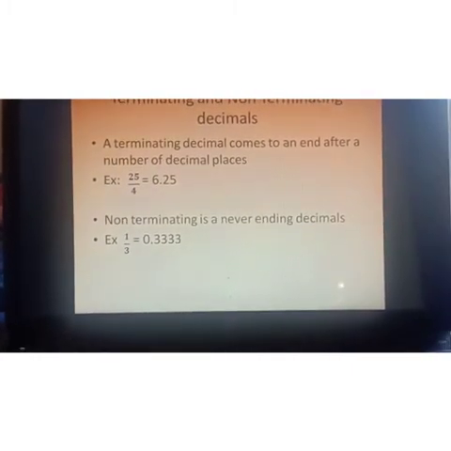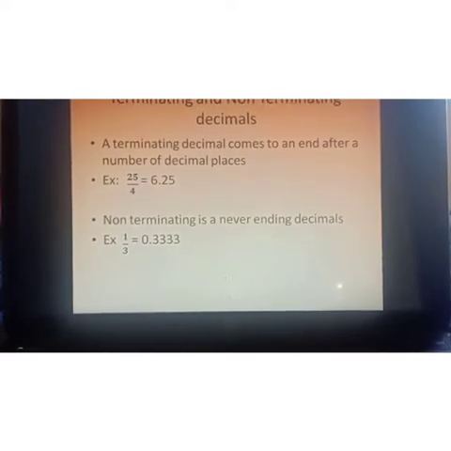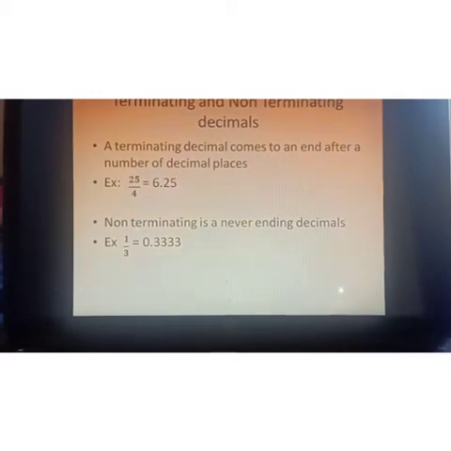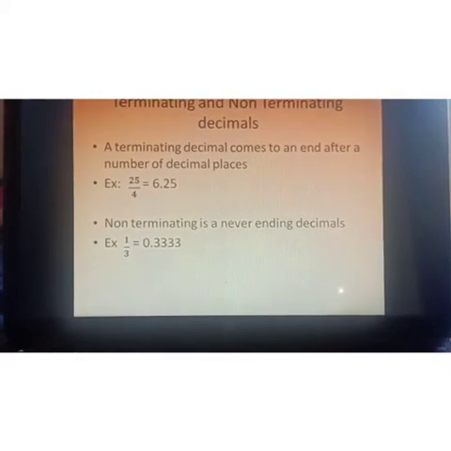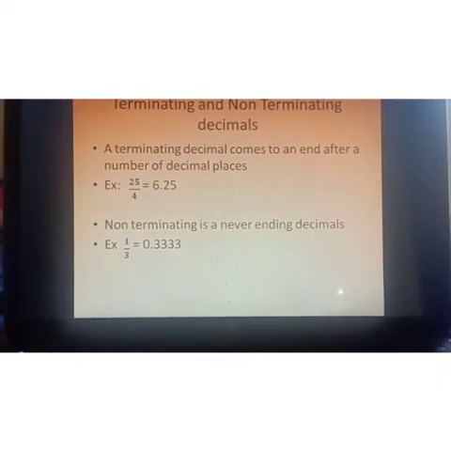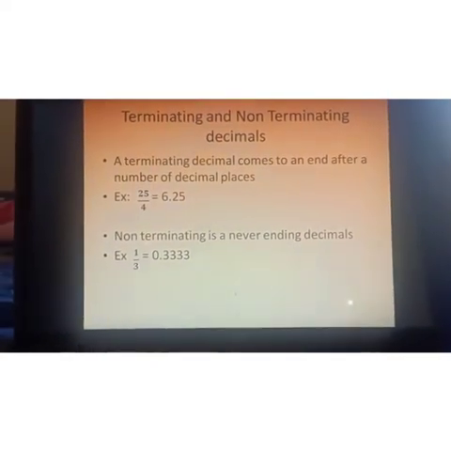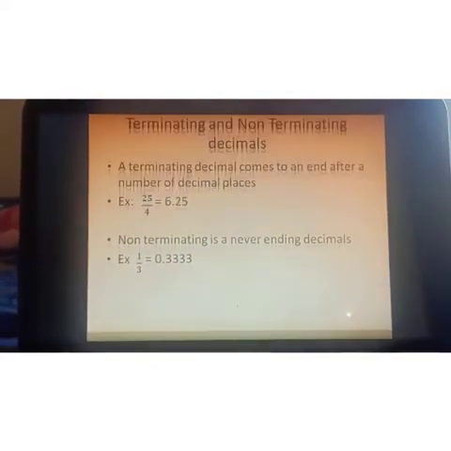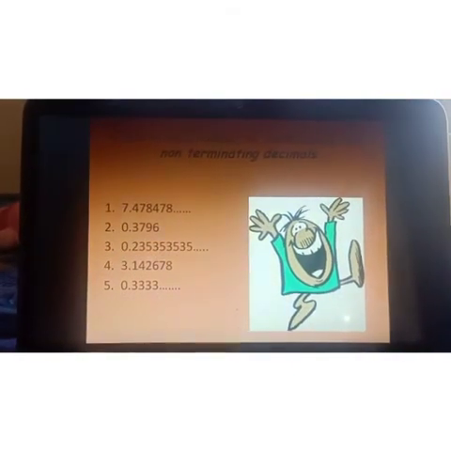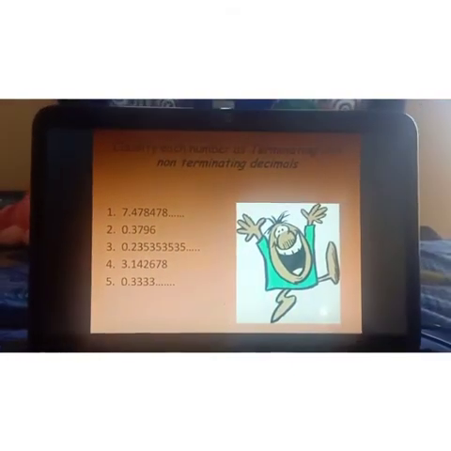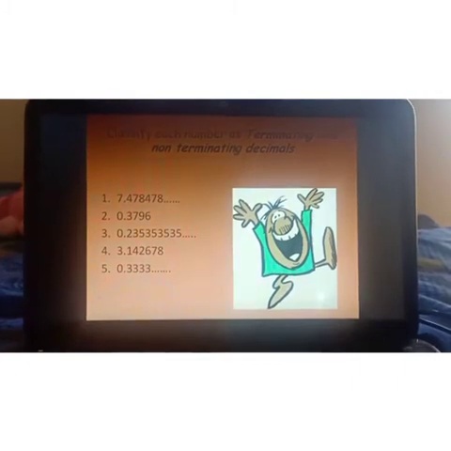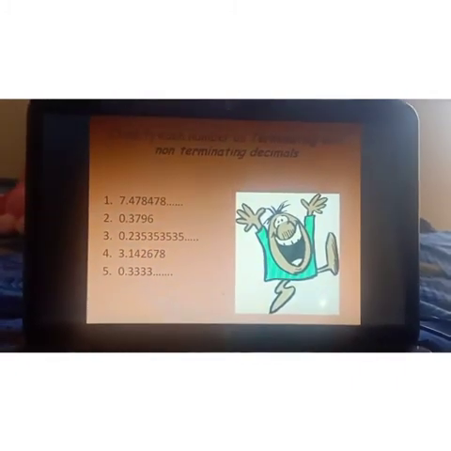Let's take the example 1 by 3. If you divide 1 by 3, the remainder never becomes 0. Then the number is called non-terminating. In the first case, if we divide 25 by 4, the answer is 6.25. So if the remainder is 0, then it is called terminating. If the remainder is not equal to 0, then it is called non-terminating, right? So these are some examples of terminating and non-terminating, and we will see more later in the next session.